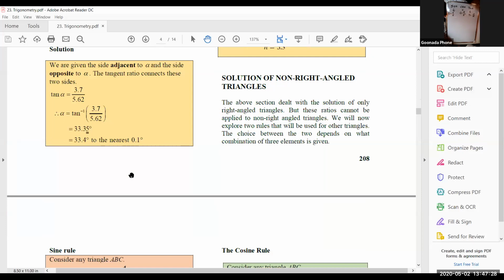The choice between the two depends on what combination of three elements is given. Again, the trig ratios can only be applied to right angle triangles. If you do not have right angle triangles, you have to use these two rules, and it will depend on the combination of three elements they give you.